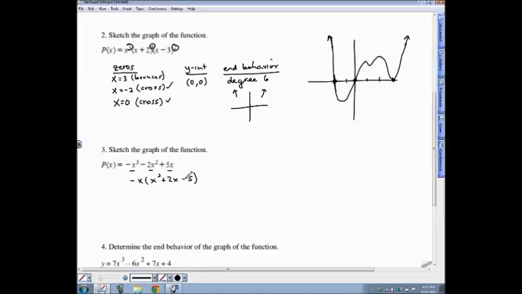So they still produce x-intercepts because irrational numbers are real numbers. They're just decimals. Or this quadratic factor produces complex zeros or imaginary zeros that don't actually turn out to be x-intercepts. In both of those cases we'd have to use the quadratic formula anyway.